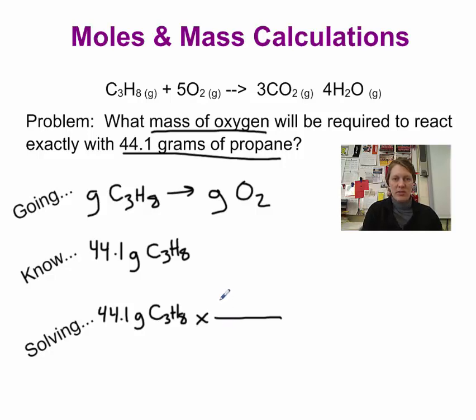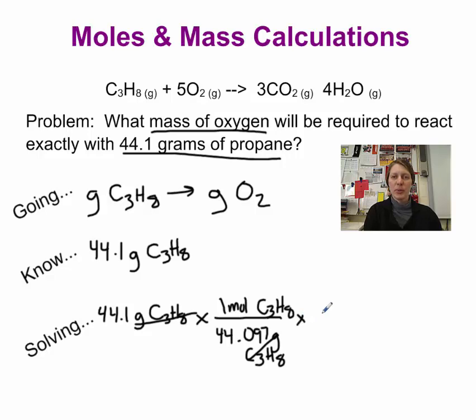So I'm going to multiply by my subscripts and get my final amount, and that's going to be 44.097 grams of propane per 1 mole of propane. Now I wrote the grams on the bottom because I need to cross out my units of grams here with my units of grams of propane there.